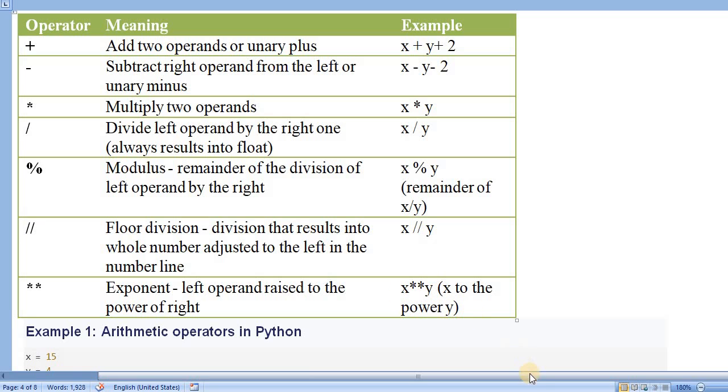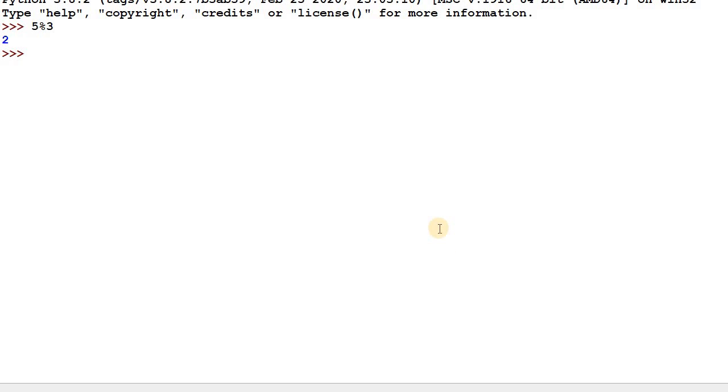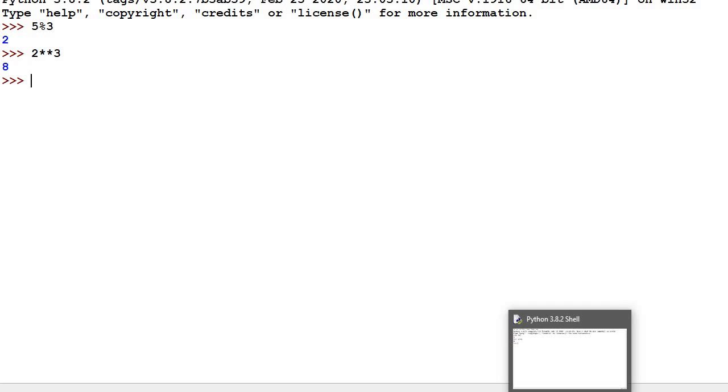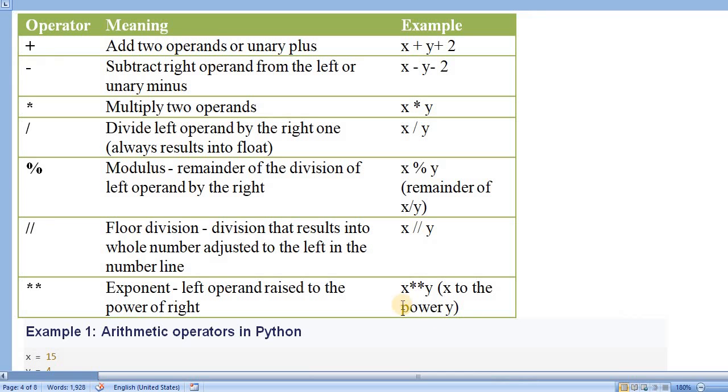Suppose 2 to the power 3: you write 2, then double asterisk, and 3. This expression equals 2 to the power 3, and we will get 8, because 2 to the power 3 is 8. So this is the exponent power operator, we can say.